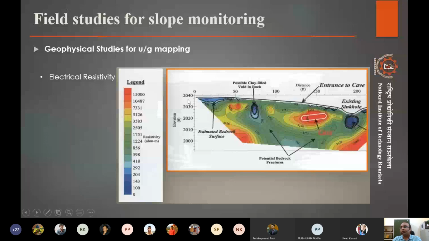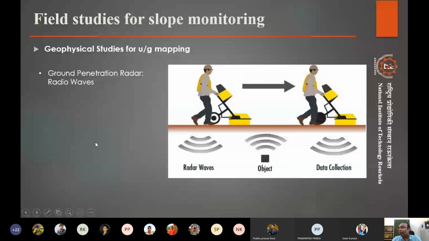Again, all these require some referencing, so some reference material has to be given in order to cross reference with, right? So this was electrical resistivity. Another very popular technique is called ground penetration radar. These radars work on the same principle as a normal radar, but the purpose is not to find what kind of material is inside, but to find anomalies in a material.